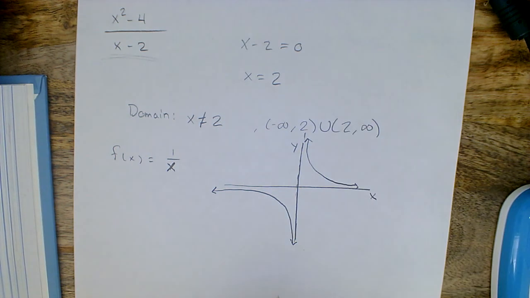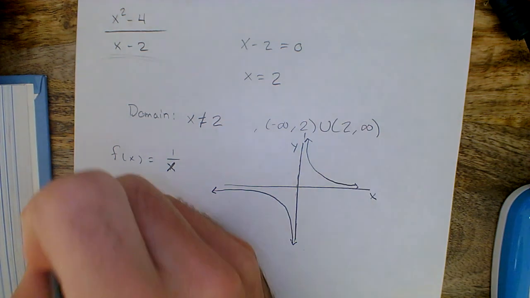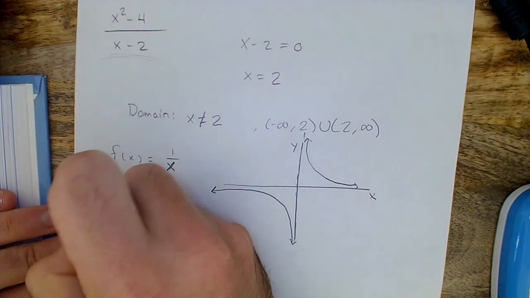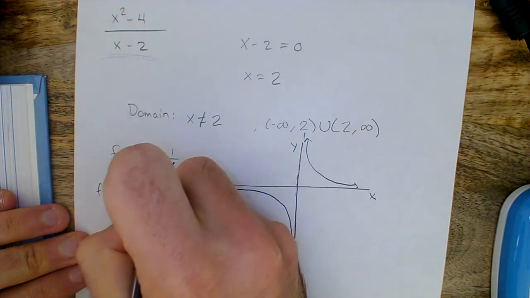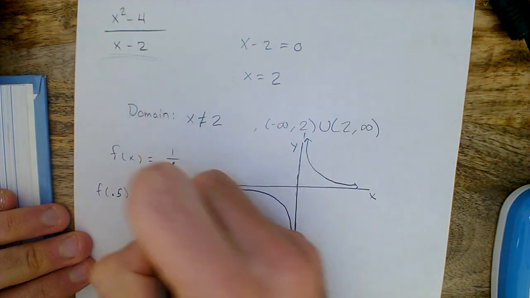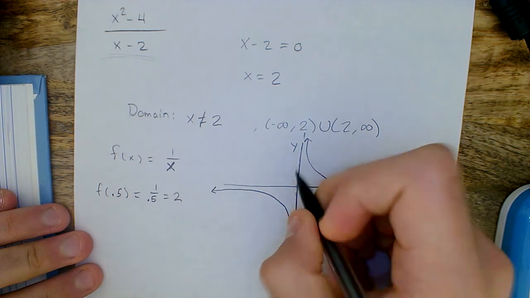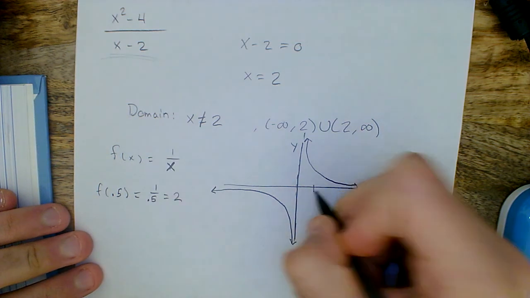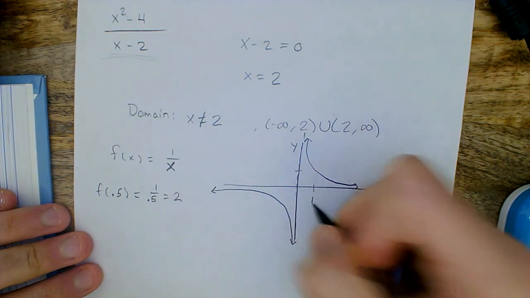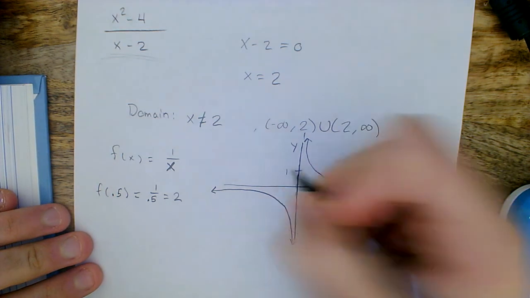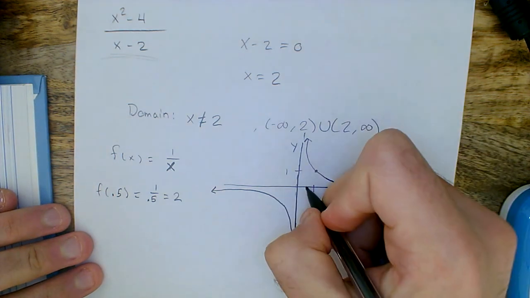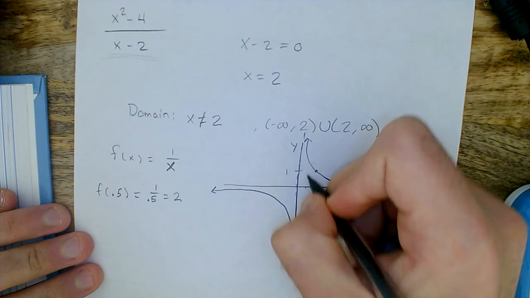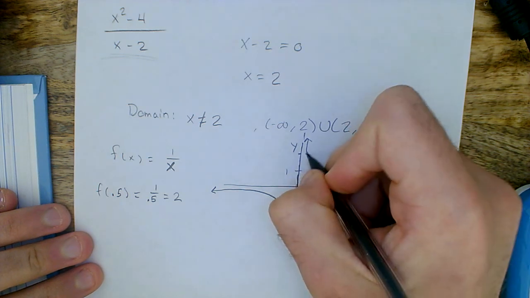Okay? So you might see that too, if I do f of 0.5, then this is equal to 1 over 0.5, which is equal to 2. So here's 1, right? And that's also 1. So if I plug in 0.5, I'm already up to 2.